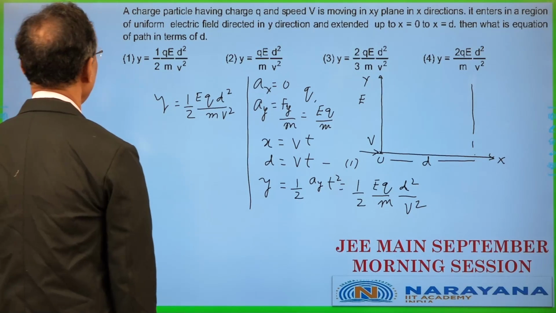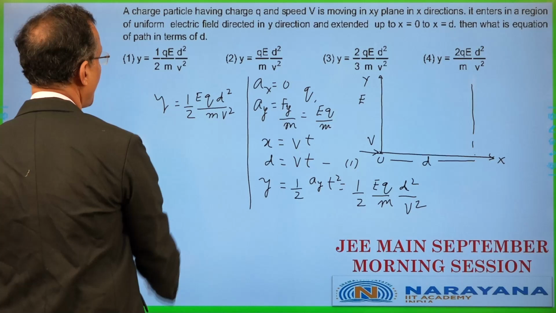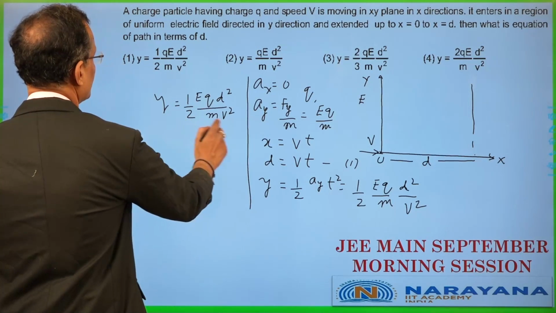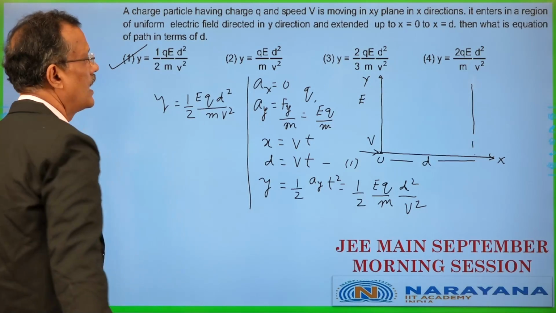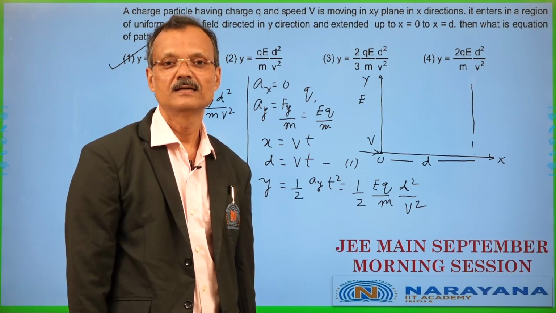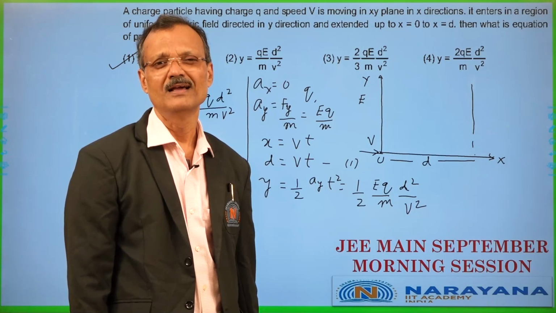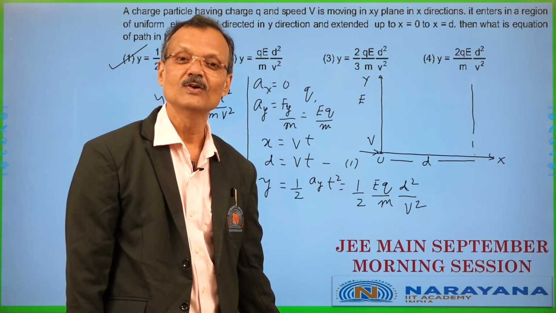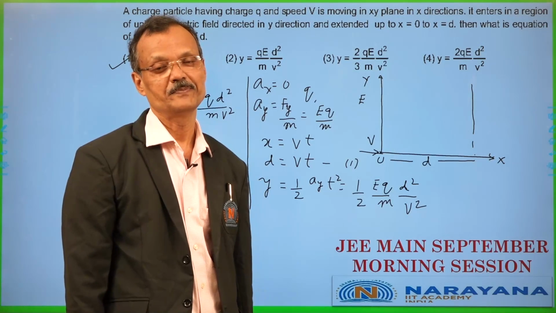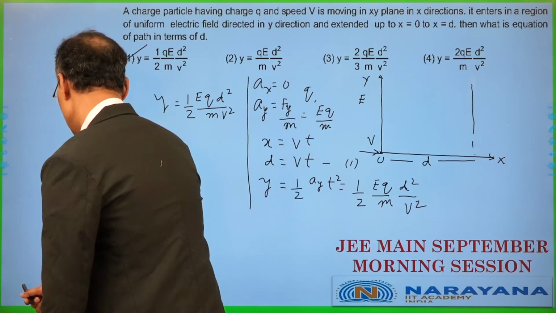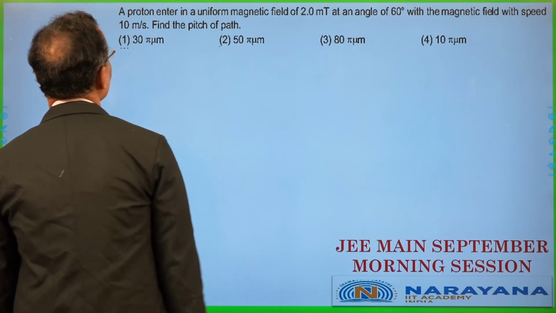Your answer will be y equal to qE d squared by 2 m v squared. Answer will be option 1. Did you understand this? Clear now? Simple. In the same way, in projectile motion also you have done, no? The concept remains the same. Okay? Let us move now to the next problem.